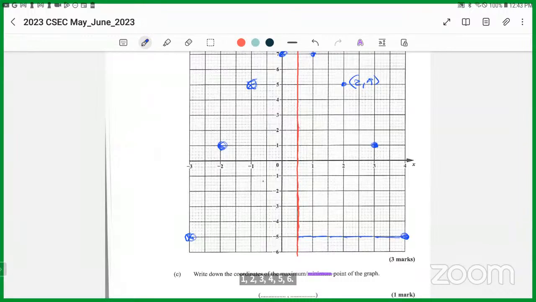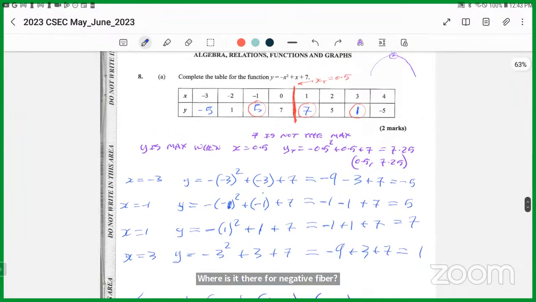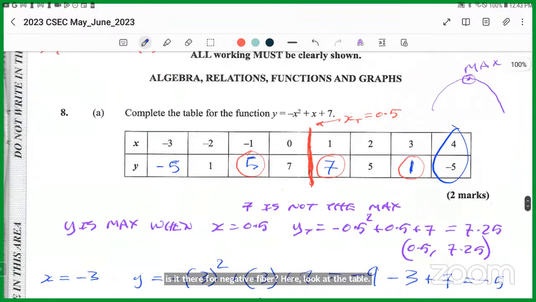Right out here. That coordinate is (4, -5). So this point is (4, -5). Let's confirm that that's a point we had as well. See there? (4, -5) right here in the table.